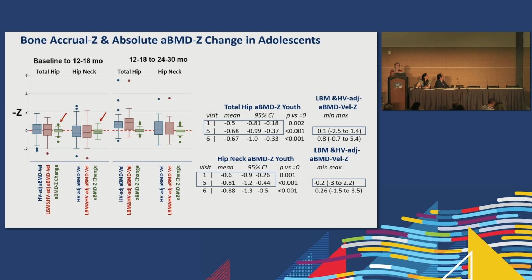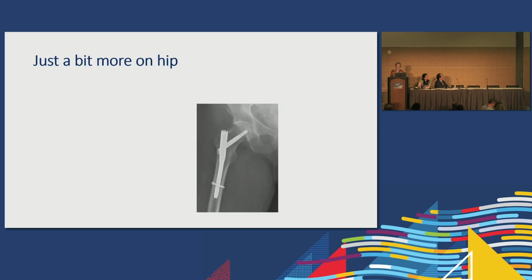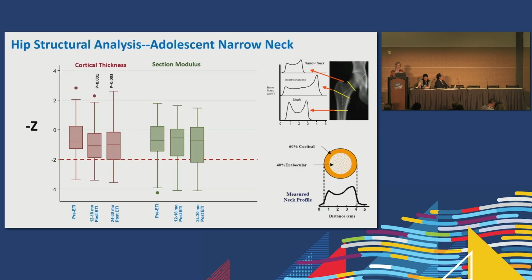And their velocities are sort of all over the place, certainly not higher like we would have liked. Similarly, at the next interval, so year 2 of ETI, things aren't really changing. The velocities may actually be getting a little bit better, but we're not seeing that manifest in the change in Z-score.